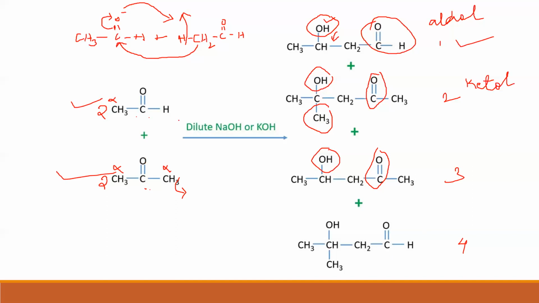The fourth product is again when the aldehyde reacts with a ketone, but the hydrogen is removed from the aldehyde. When the hydrogen is removed from the aldehyde, this will become CH2COH, which will form a bond with the carbonyl carbon. Clear? Got that? So this is the fourth product.